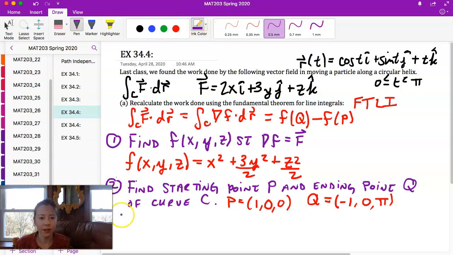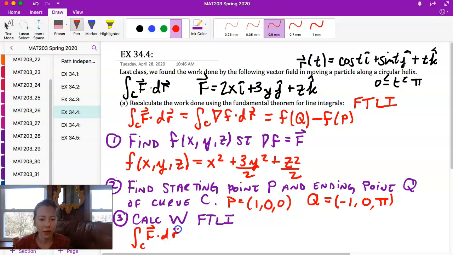Okay, so then step 3, our final step, is going to be to calculate the work done using the fundamental theorem of line integrals written above. So that tells us that the line integral, or the work here over C of f dot dr, is going to be f at our ending point minus f at our beginning point.